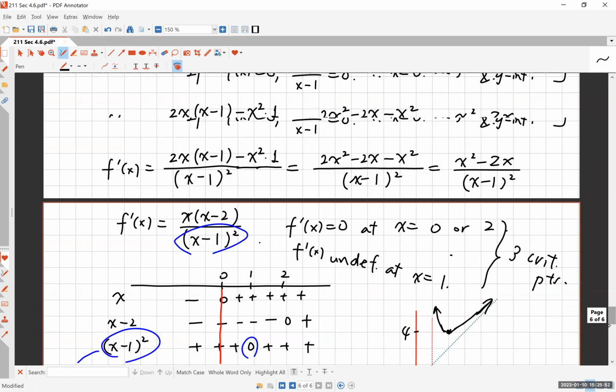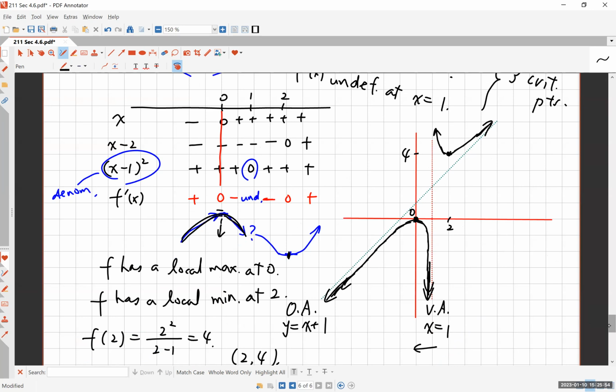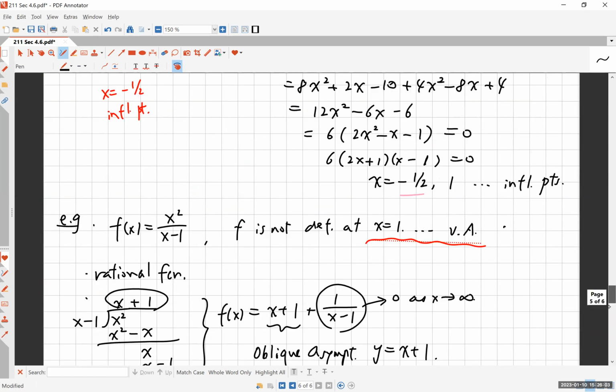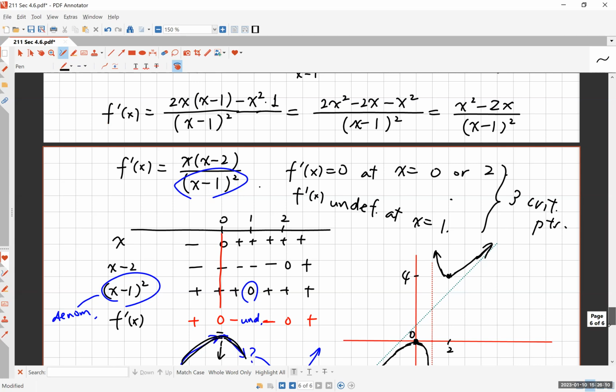All right, so that is our function x squared over x minus 1. You see, it was time consuming, but really every part of this that you do by hand requires a lot of thinking, a lot of synthesizing your knowledge and tools that are now in your toolbox.